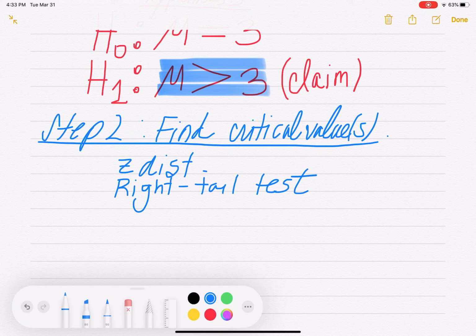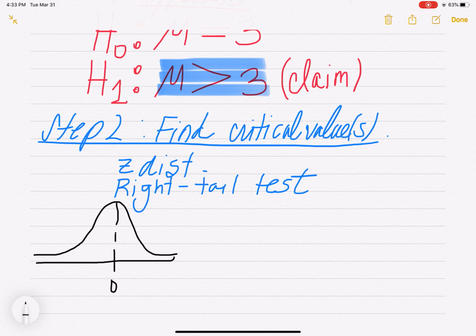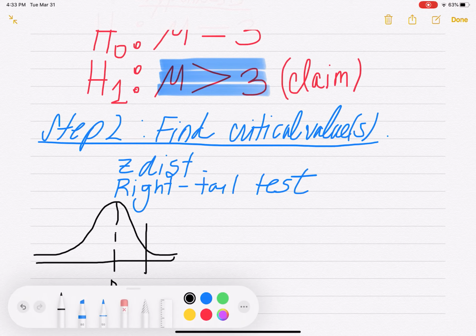Okay, so now we need to find the critical z-score. So let's draw a picture of the z distribution. It looks like a bell-shaped curve with 0 in the center, and we're looking at the right tail. I'll put the area of the critical region in yellow.